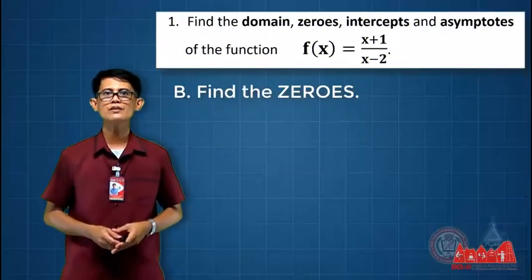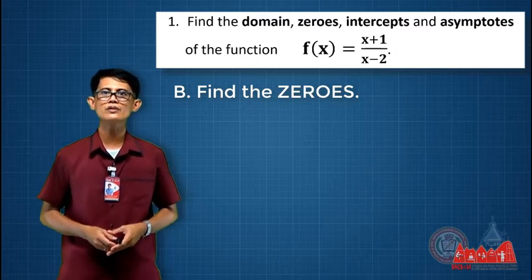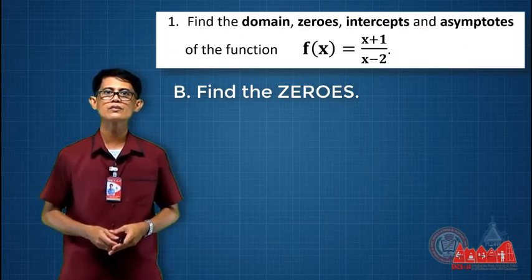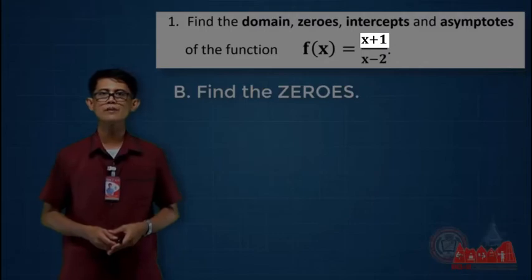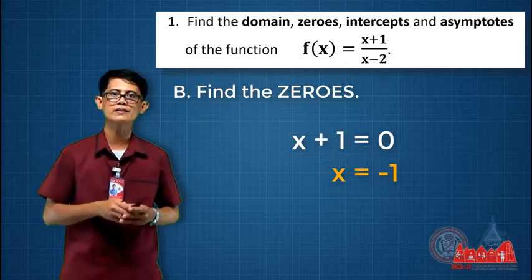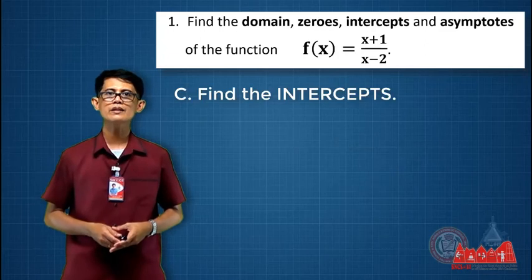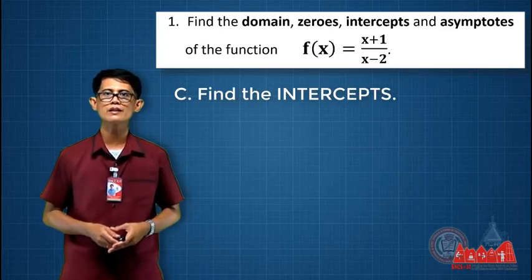Letter B, a rational function will be zero if its numerator is 0. Therefore, the zeros of rational functions are the zeros of the numerator. So x plus 1 equals 0, x is equal to negative 1. Therefore, x equals negative 1 is a zero of the function f of x. Letter C, recall that the x-intercepts of rational functions are the values of x that will make the function 0.